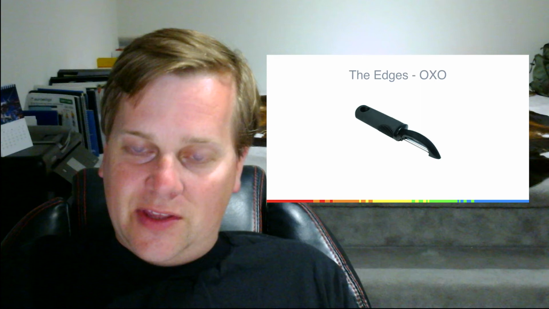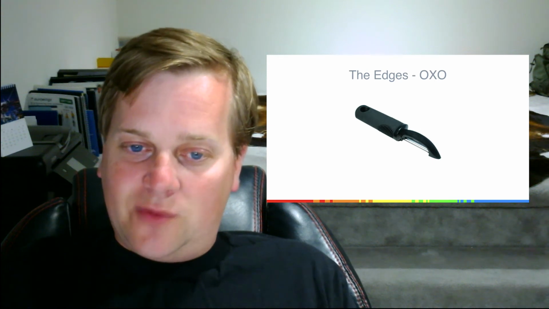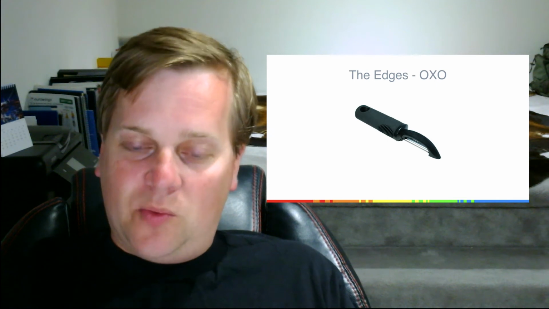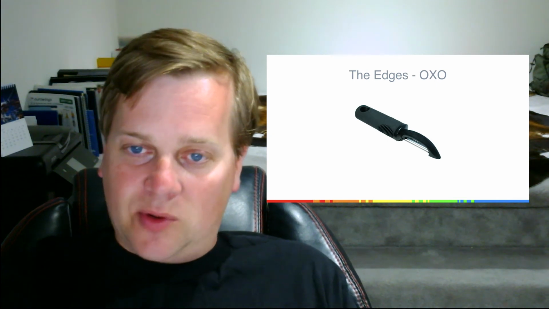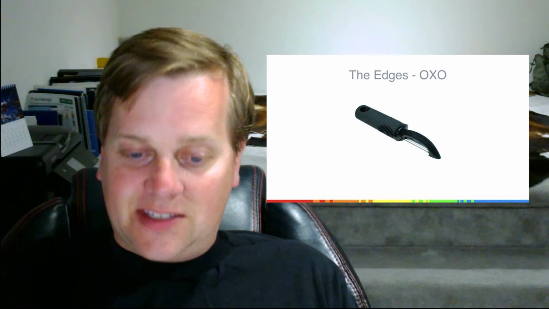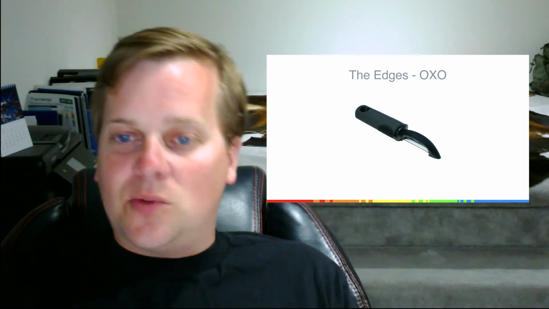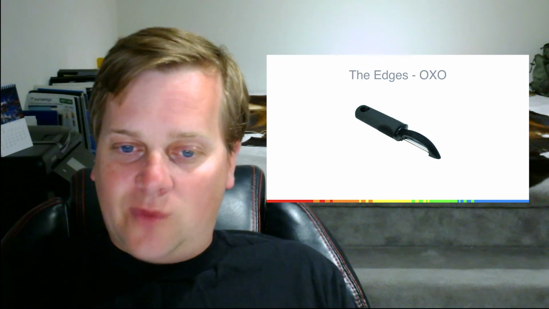Now, this was designed specifically for Sam's wife, or at least specifically for someone with arthritis that has a hard time gripping. The thing is, this is now the new standard on peelers because it worked better for the average person as well.